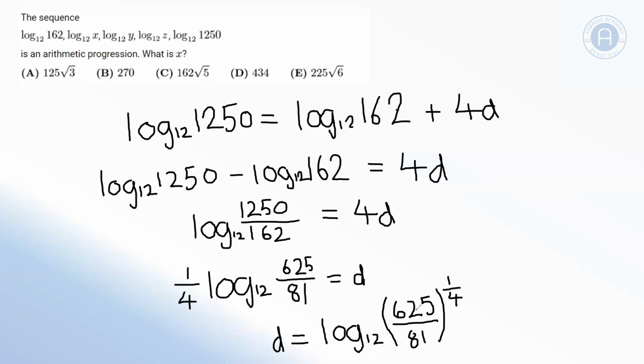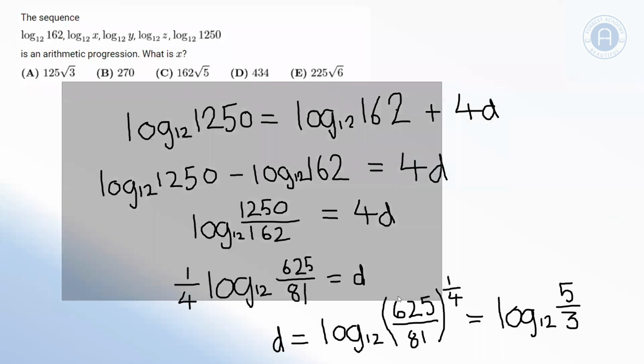Now the power of a quarter is the same as looking at the fourth root. The fourth root of 625 is equal to 5, and the fourth root of 81 is 3. So we've got d is equal to log base 12 of 5 over 3.